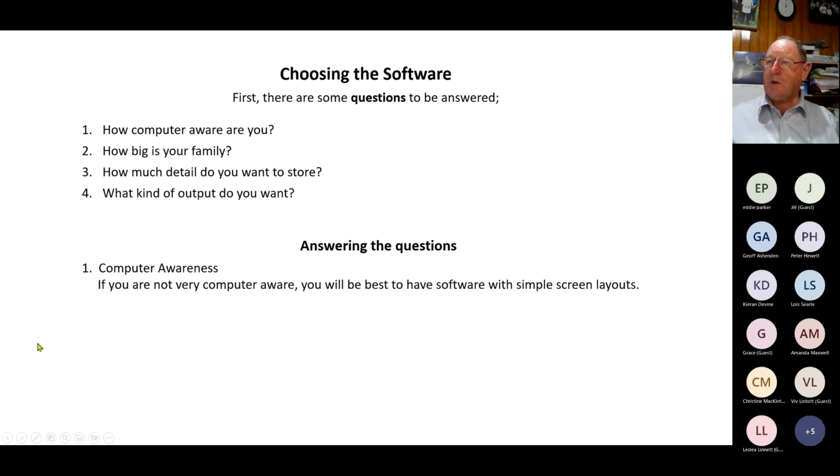So, answering those questions. Computer awareness. If you're not very computer aware, you will be best to have software with simple screen layouts. You do not want a screen that is too busy, i.e., too much detail. All genealogical software uses multiple screens to display and allow entry of data about a person and their family.